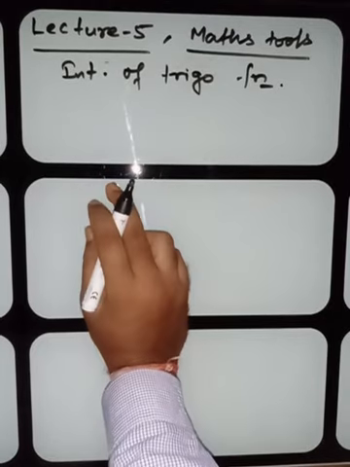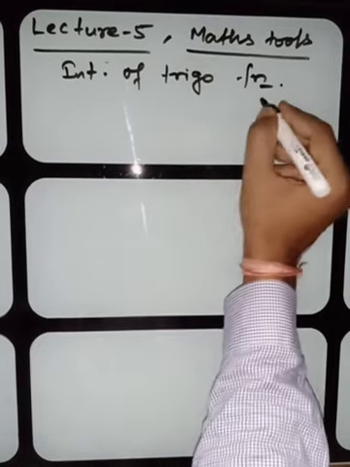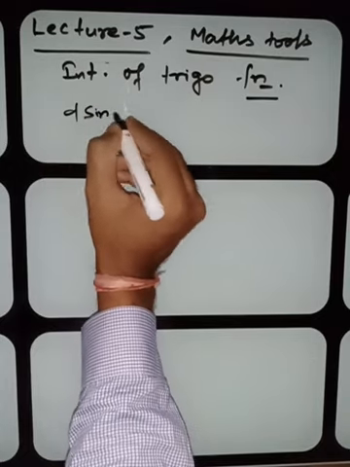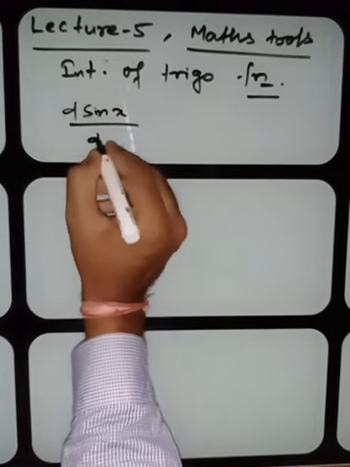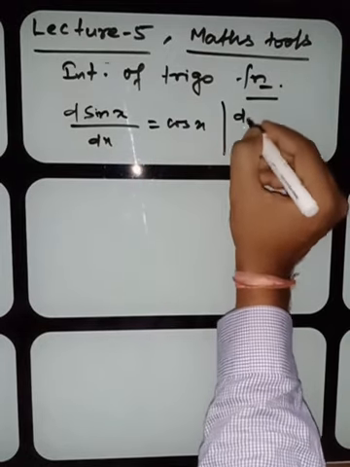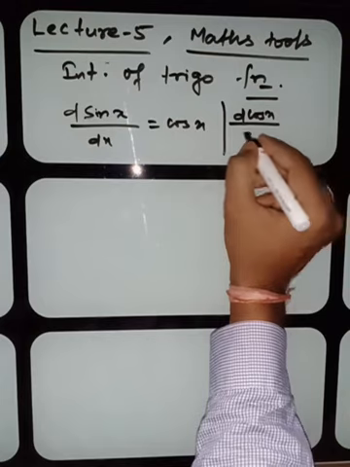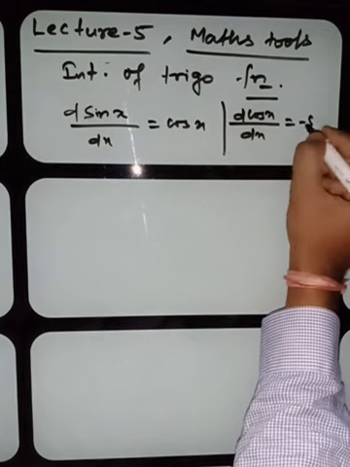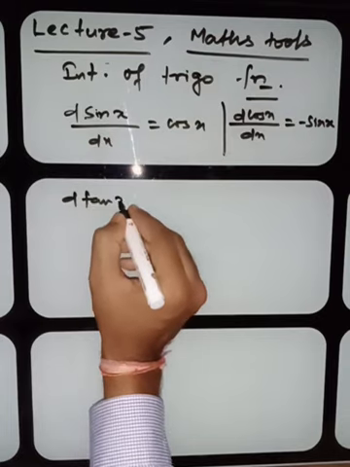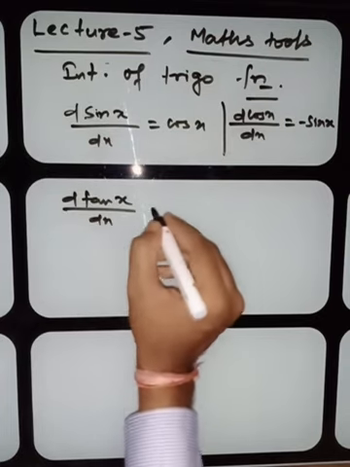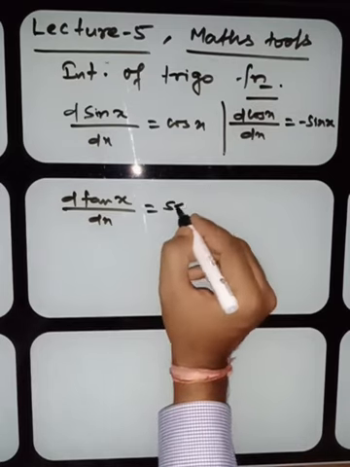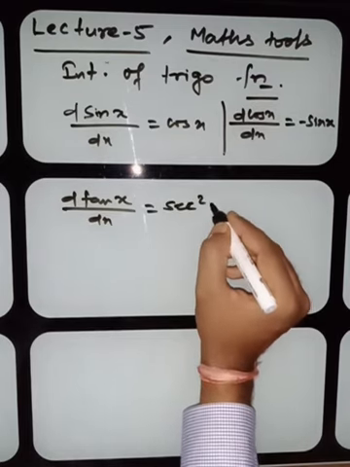Let me recall differentiation first and then I'll come to integration. Differentiation of sine x, I hope you remember, is cos x, and differentiation of cos x is minus sine x, and differentiation of tan x is sec square x.